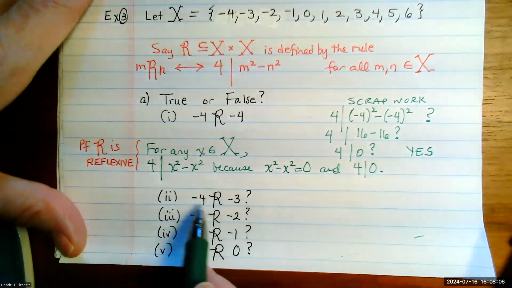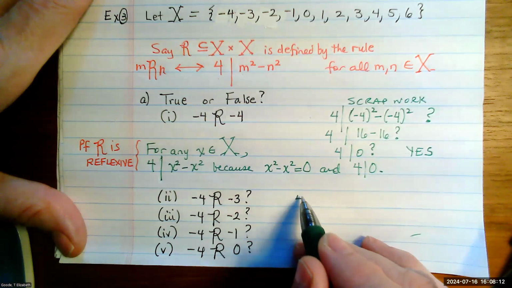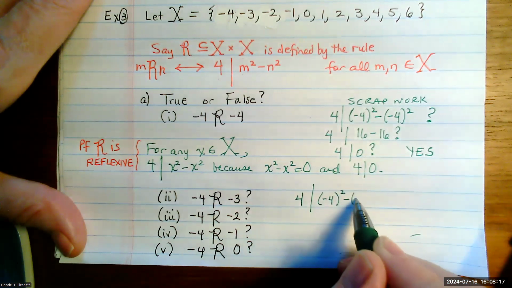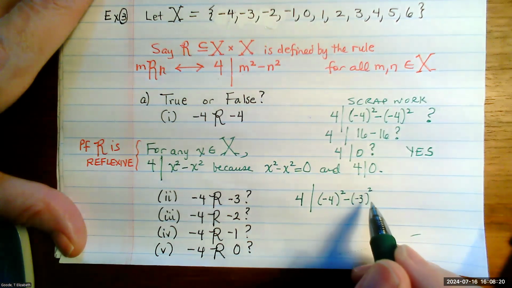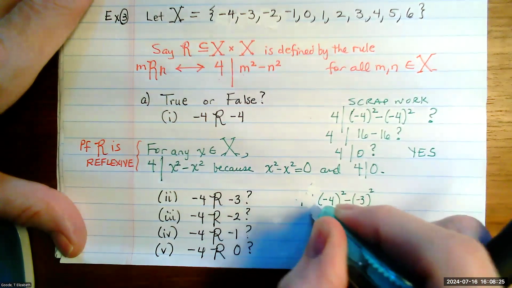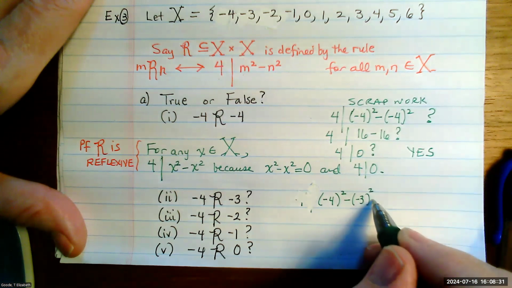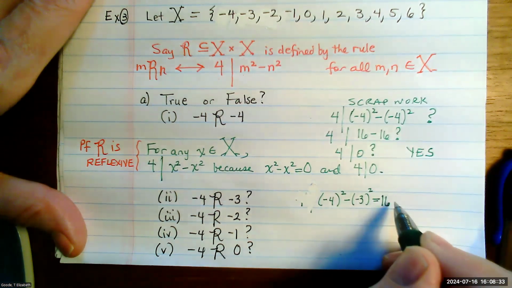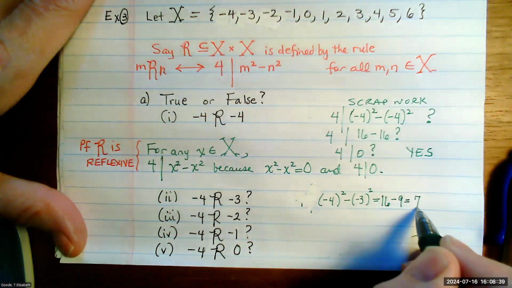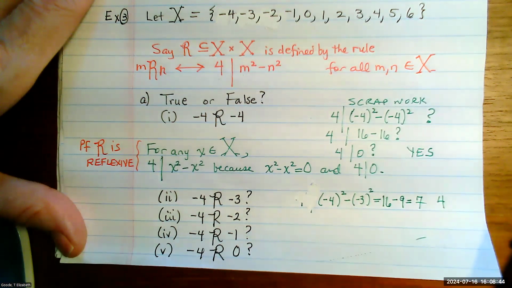To check if negative 4 is related to negative 3, we check whether 4 divides negative 4 squared minus negative 3 squared. Let's just look at the expression: 16 minus 9, which is 7, and 4 does not divide 7.